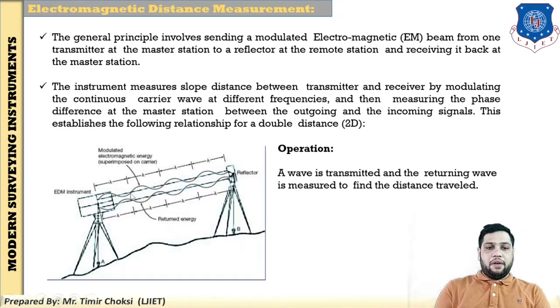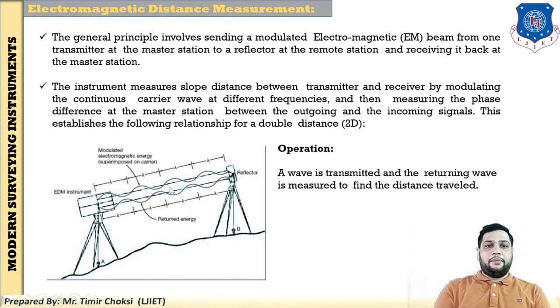So here waves are produced in the EDM instrument, then reflected by the reflector at the remote station, then come back and are received at the master station. This is the path of the electromagnetic wave: first generated from the EDM instrument, then reflected at the remote station, then returned to the master station.